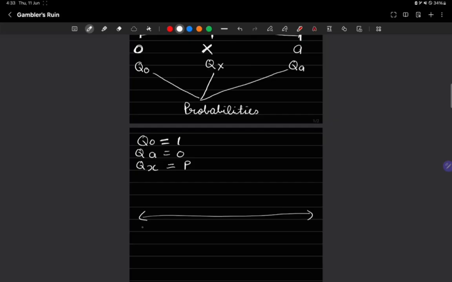So this was our position 0, this was our position A, and this was our position X. Any event that leads us near 0 is going to be Qx minus 1, and any event that is leading us near A will be Qx plus 1.